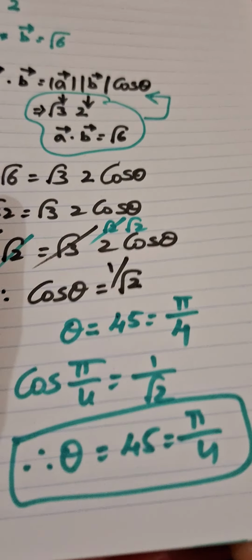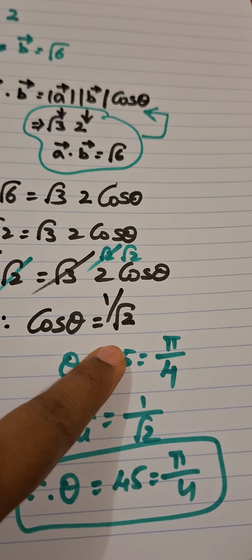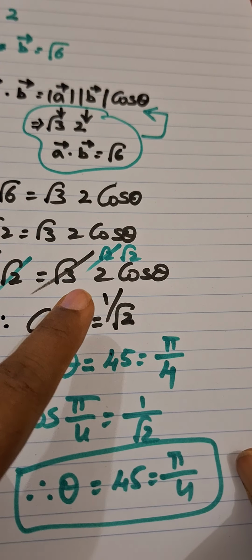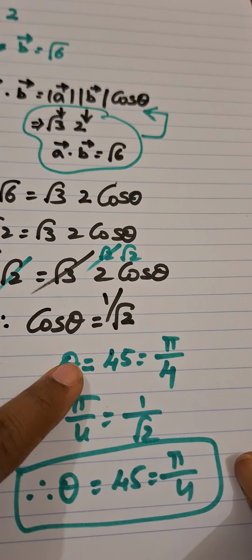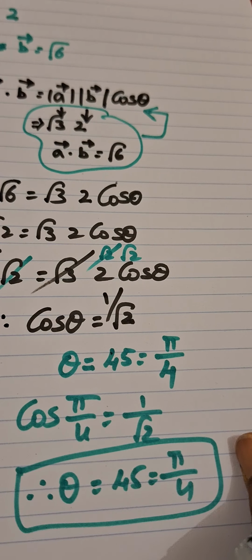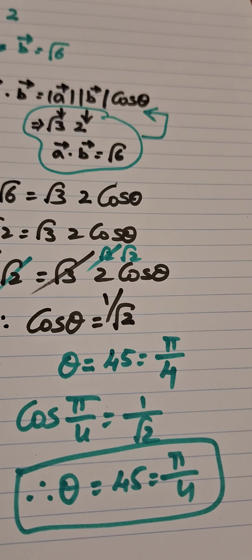The given data we substituted, and that gives the angle. Cos theta is 1 by root 2 means it is cos 45 only. Cos 45 value is 1 by root 2. That's why we wrote theta is 45 degrees or pi by 4. Anything you can write. So this is the angle between the vectors.